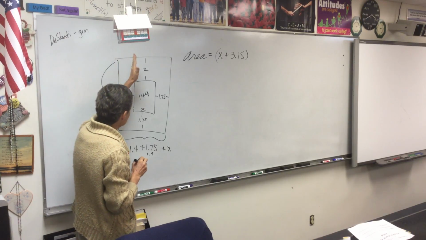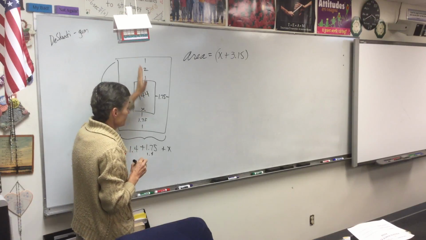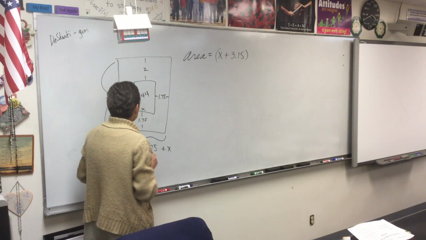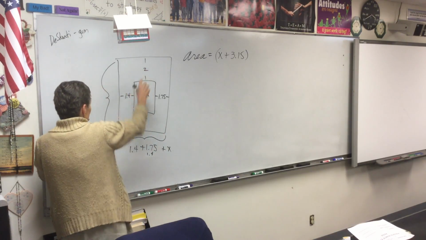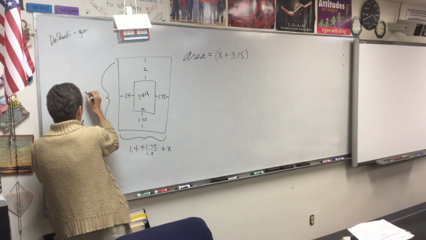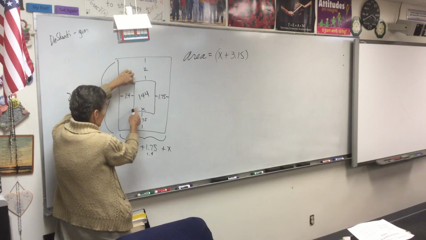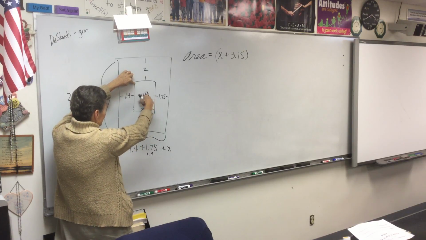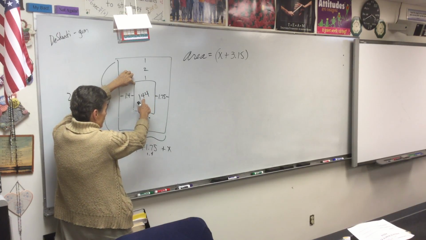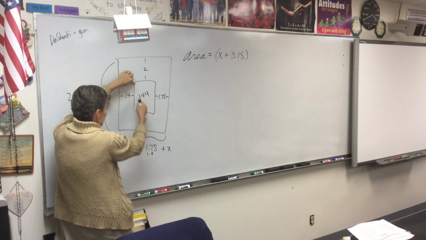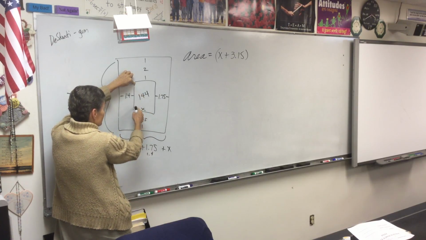Now, I'm going to do this dimension. All right, I know it's got a 2, and I know it's got a 1.75, but it also has this. Now, keeping in mind that the area of that little square is 144, if this piece is X, what would this have to be?